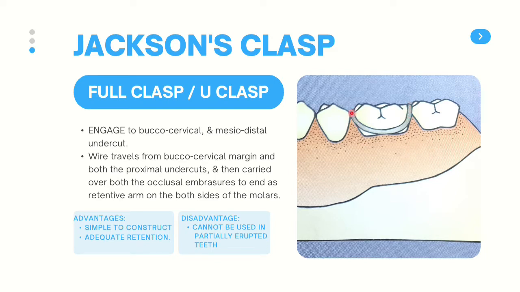Make sure the wire that travels at the occlusal embrasure does not interfere with the occlusion. The advantages are that it's simple to construct and has adequate retention. However, the disadvantage is the same as the circumferential clasp, where it cannot be used in partially erupted teeth.